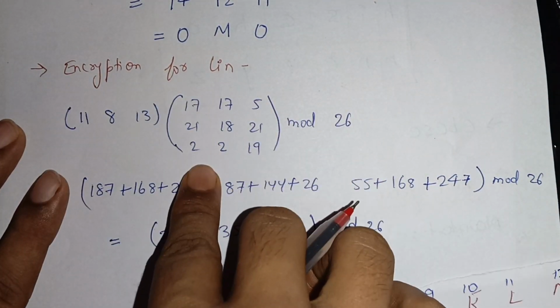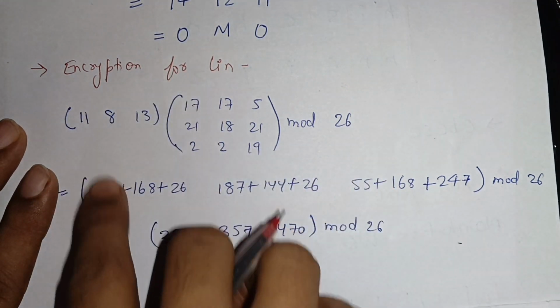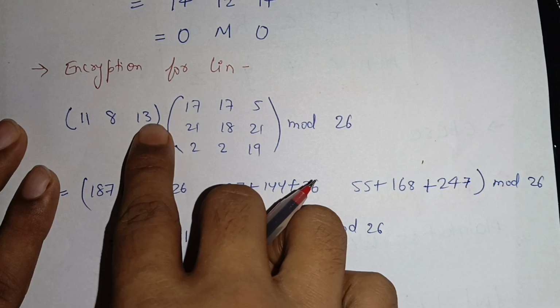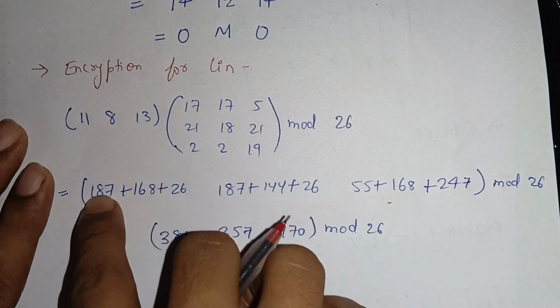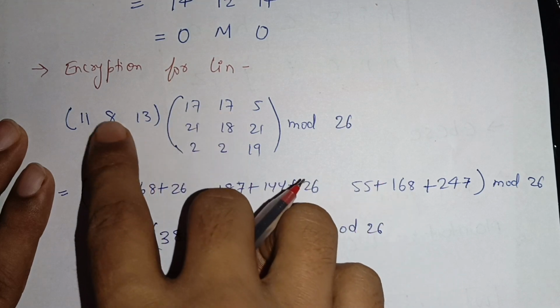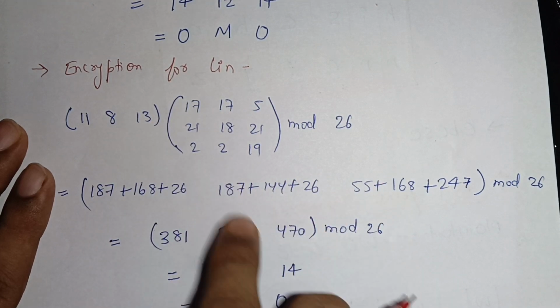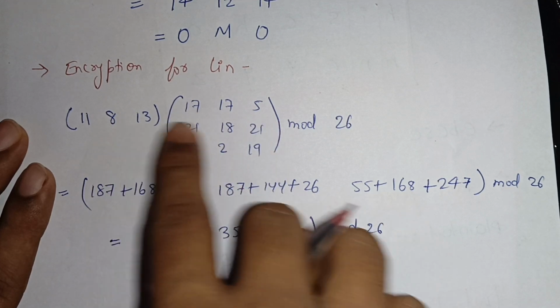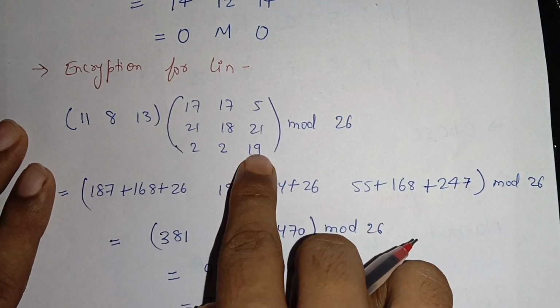By solving this matrix multiplication, 11 into 17, then 8 into 21, this L form, 13 into 2, we add these and get 381. Then 11 into 17, 8 into 18, 13 into 2 will get 357. Then 11 into 5, 8 into 21, 13 into 19.